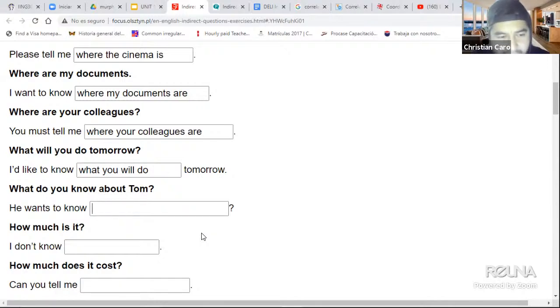So in this case, we don't use do. We just take it off. We can use, of course, what, no problem, and the rest of the sentence, but with no auxiliary verb. So he wants to know.